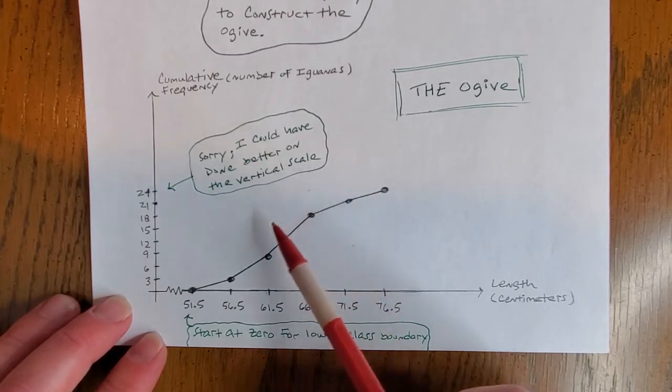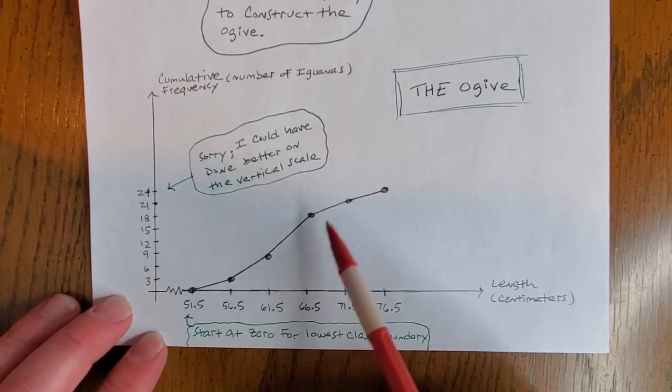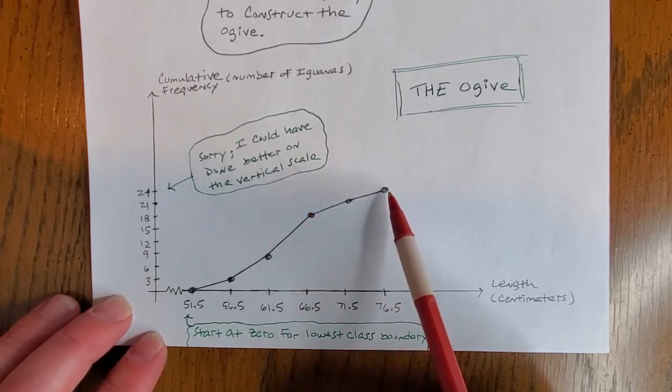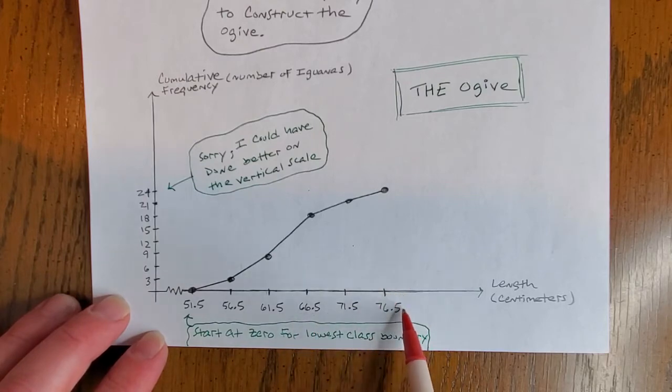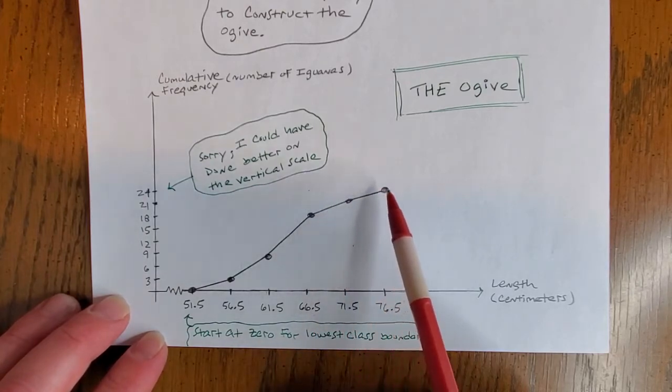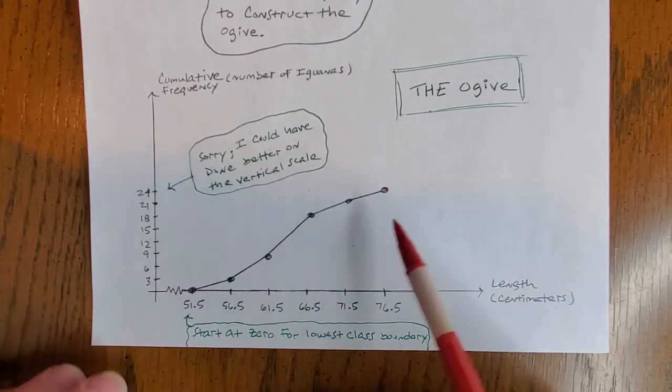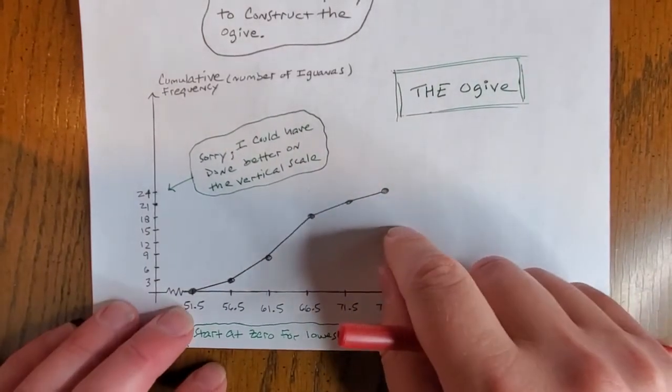But then here, there's a fairly big jump. And then notice in here, the jump doesn't seem to go up as much. So if I go from 66.5 to 76.5, I'm not finding that many iguanas that have that length, okay? So that's the way that I can see a pattern in the ogive.